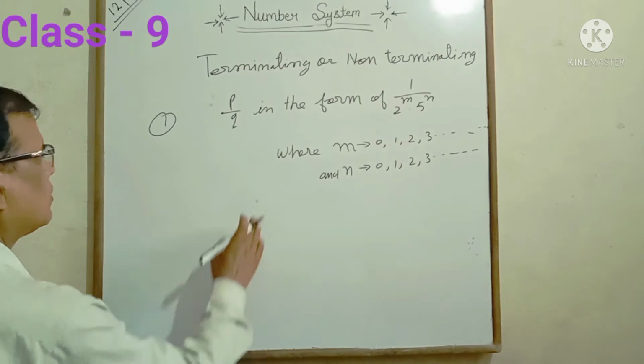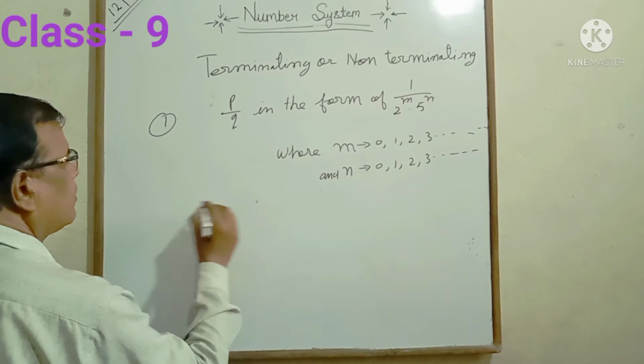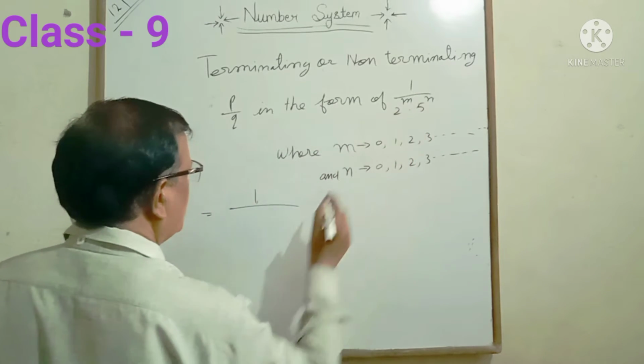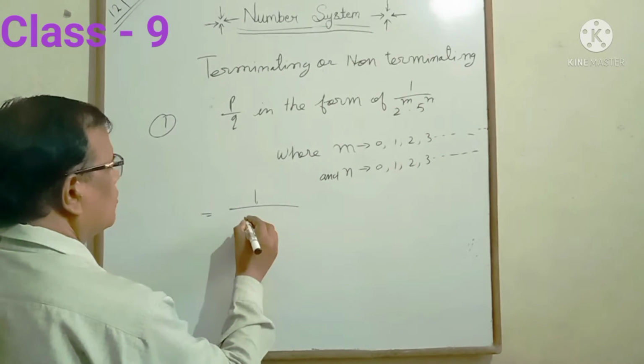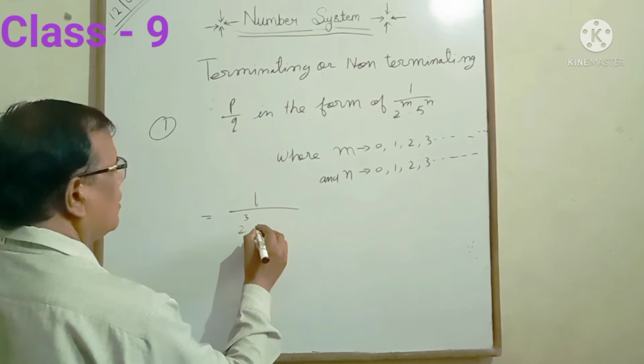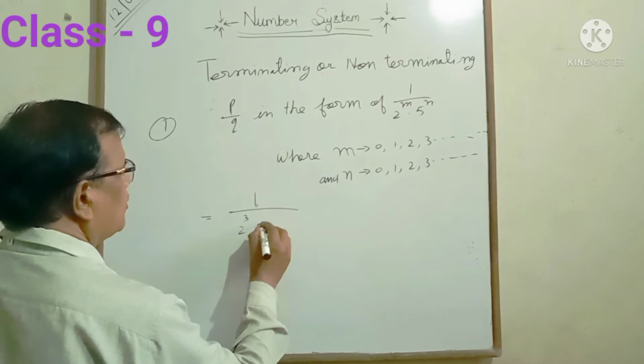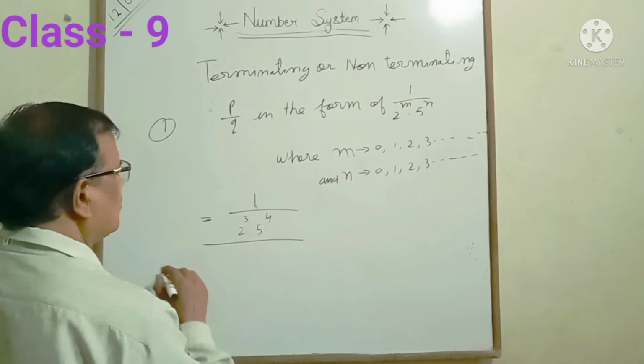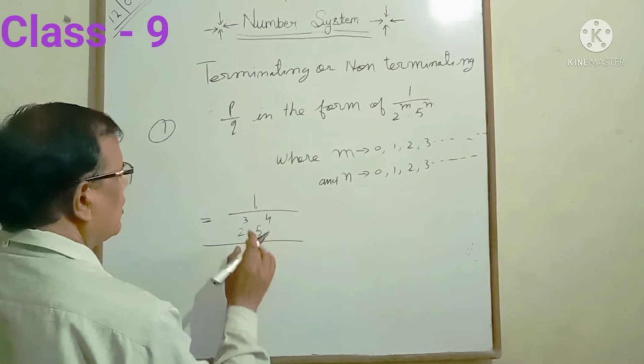How do we understand this? Simply we can say its denominator factors are 2 to the power 3 or 5 to the power 4. Then we get this type of numbers.